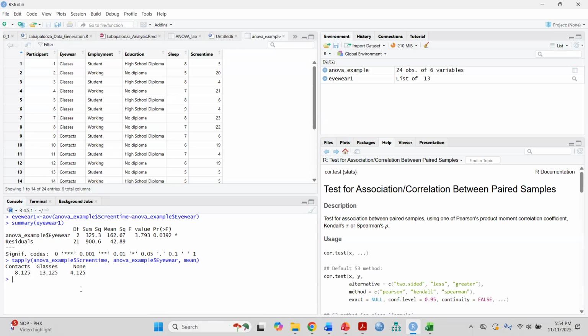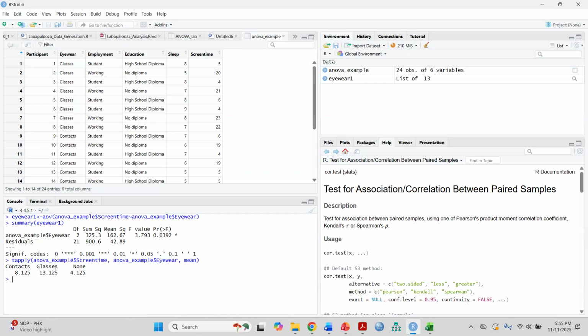So you have to perform follow-up testing. There's a few different types of follow-up tests. Basically, now that we've done the one-way ANOVA and found a significant difference, at least between two of the groups, it could be more than that. All of the groups could be different from each other, or two of the groups could be different.